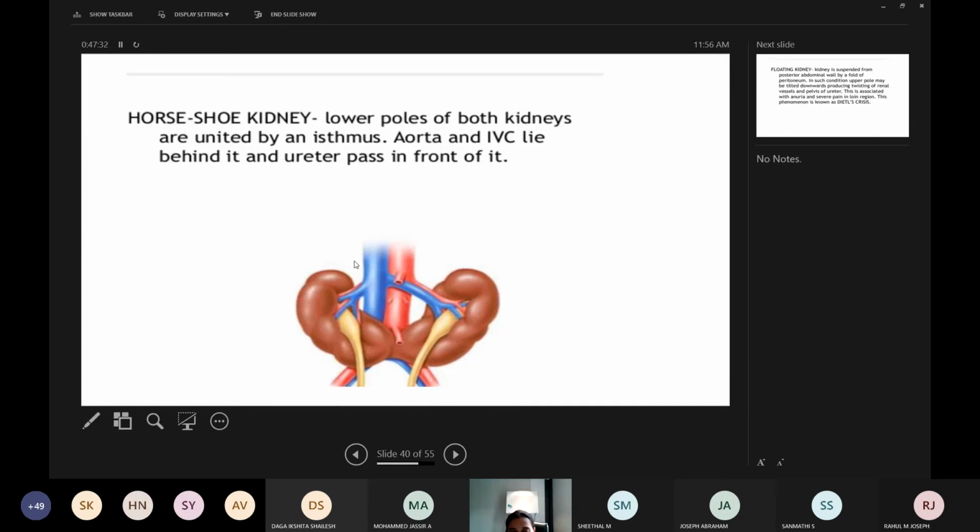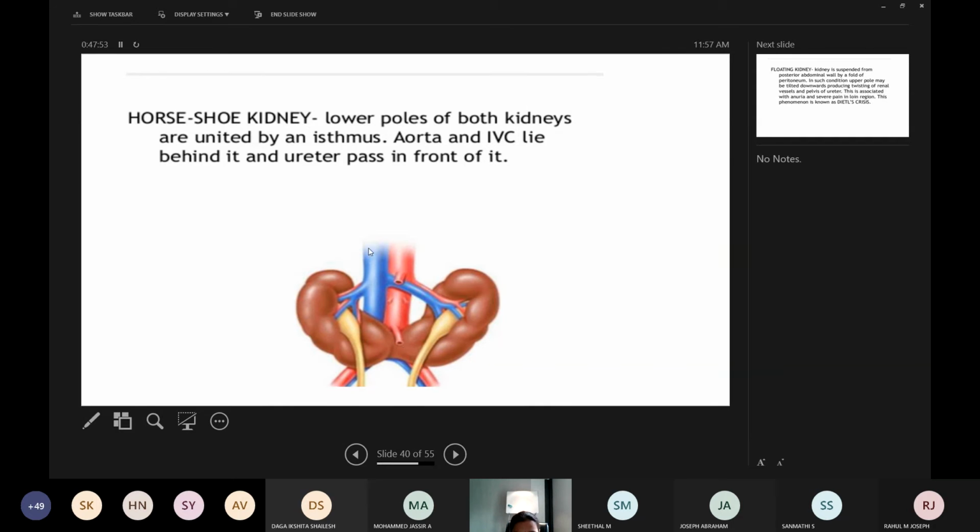Horseshoe kidney. Normally the kidneys develop in the pelvic cavity and they ascend up. If the lower poles of the kidneys are joined with each other, it looks like a horseshoe. This is called horseshoe kidney.